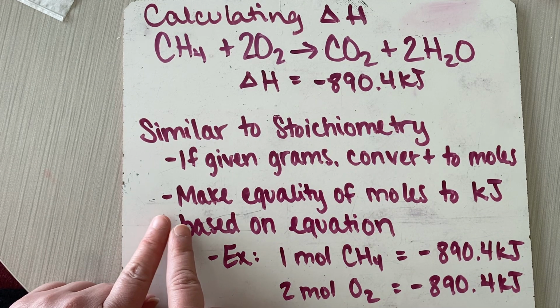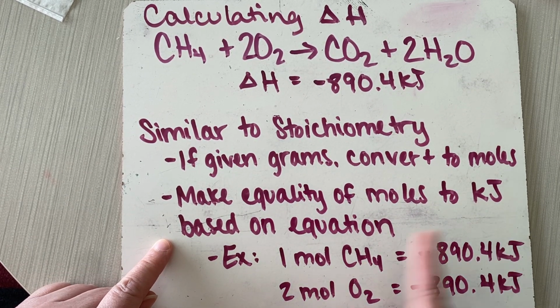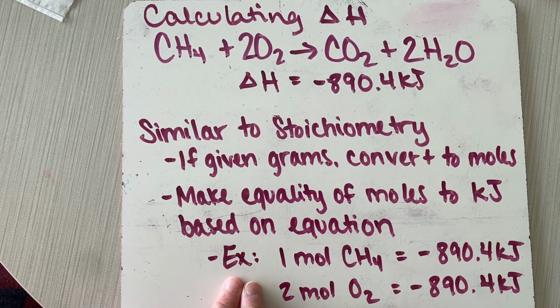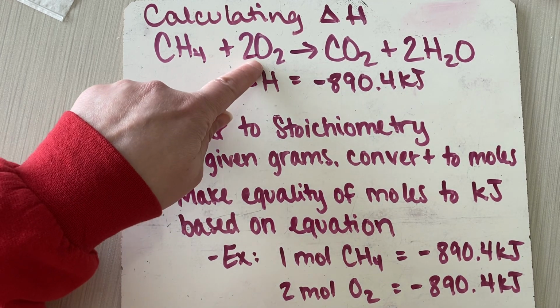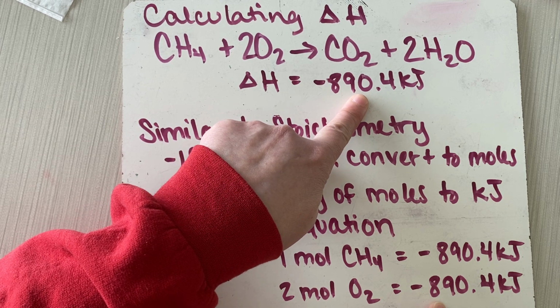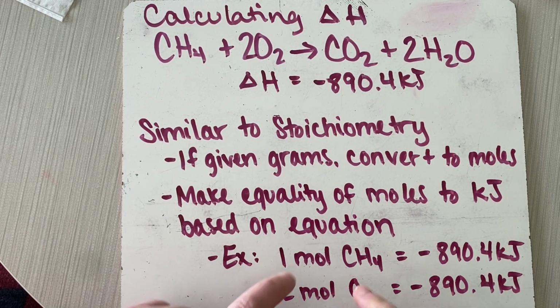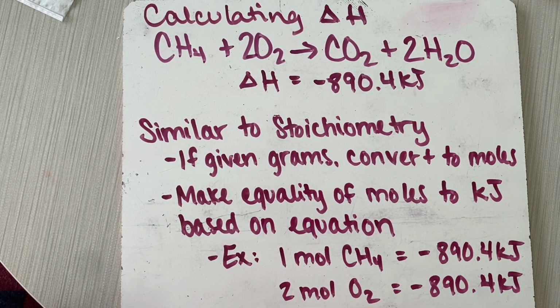So what we're going to end up doing is making equalities of the moles to the kilojoules based on the equation. So for example, 1 mole of CH4 is going to give me a negative 890.4 kilojoules, whereas 2 moles of O2 gives me negative 890.4 kilojoules. So we're going to turn these into fractions depending upon what I'm using for my equation.